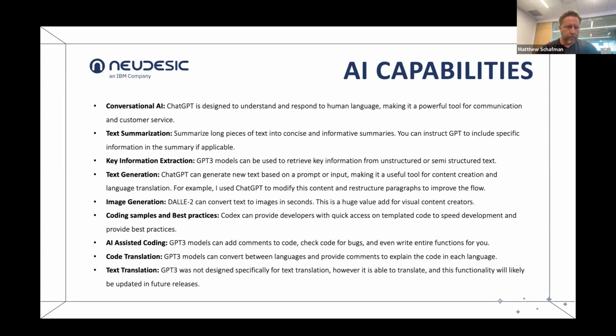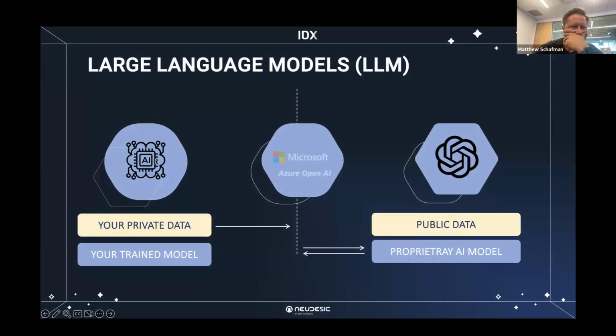Ultimately we're just trying to figure out how AI can make us better, how it can make us more efficient. I wanted to talk about some underlying concepts, not going too deep into the technical side, but you'll hear LLMs, which are large language models.